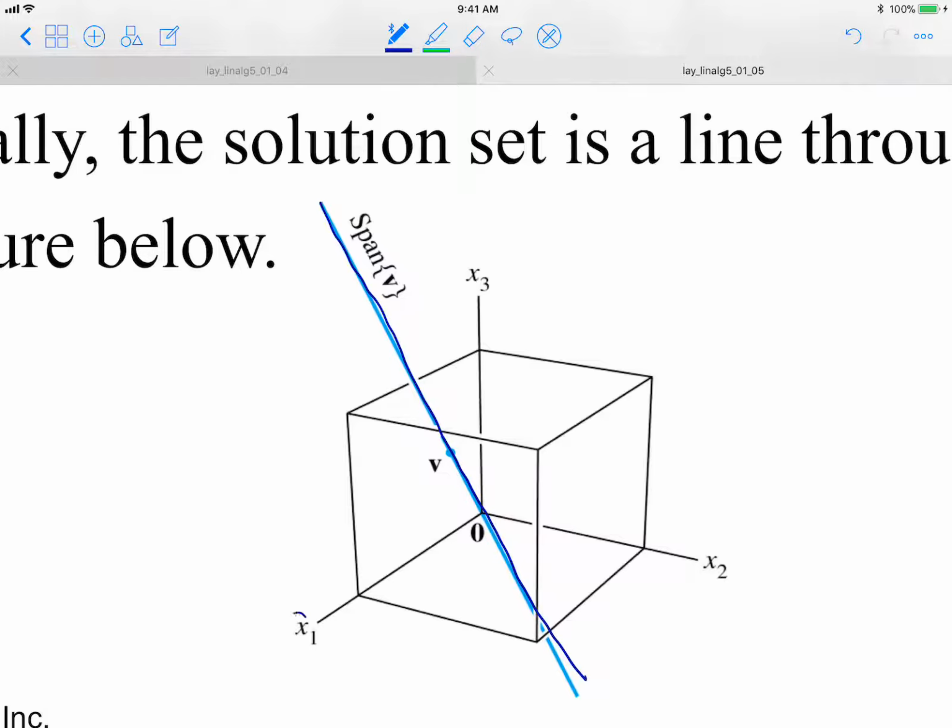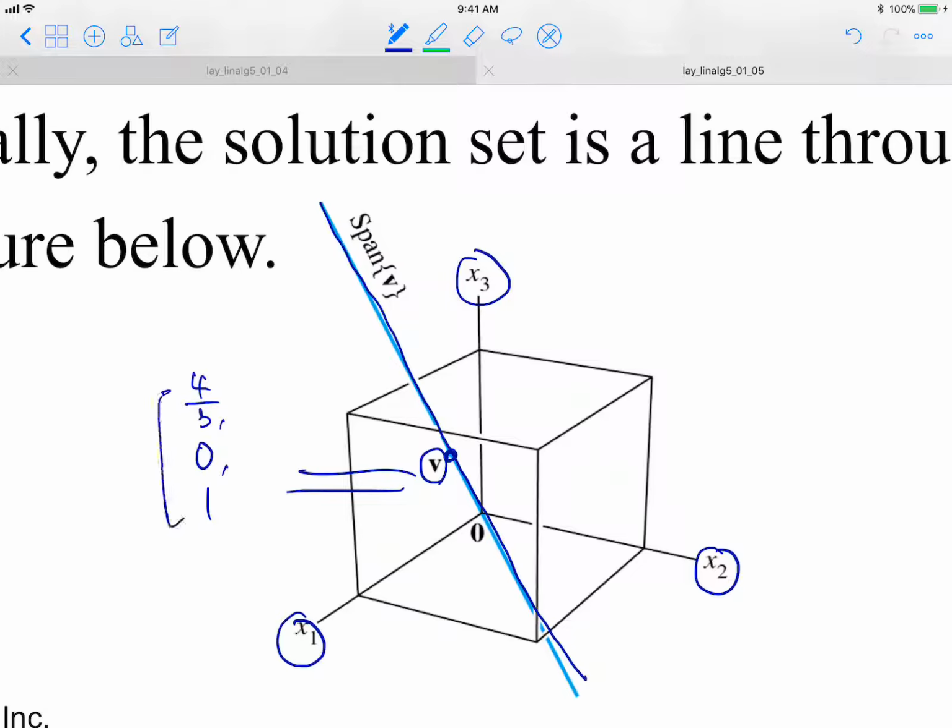So this is the three-dimensional space composed of x1, x2, and x3, and this direction vector v was (4/3, 0, 1), okay? And then we had a free variable x3, right? And so we can freely change this, and all the points along this line will be our solution set. And that means we have infinitely many solutions, okay?